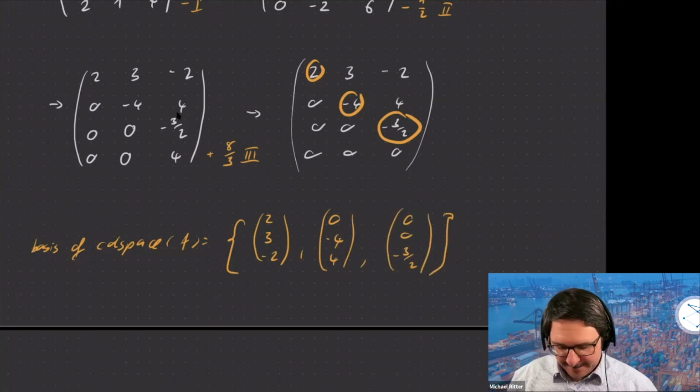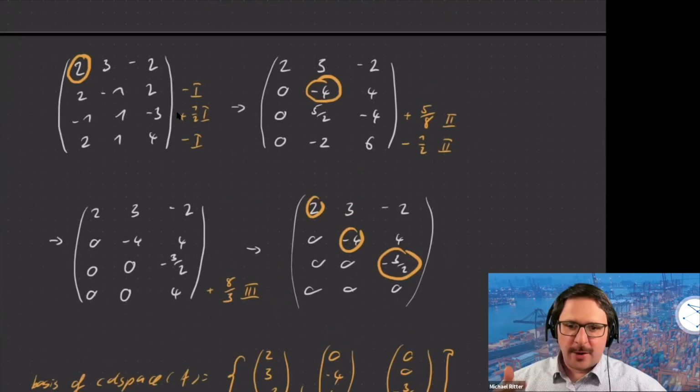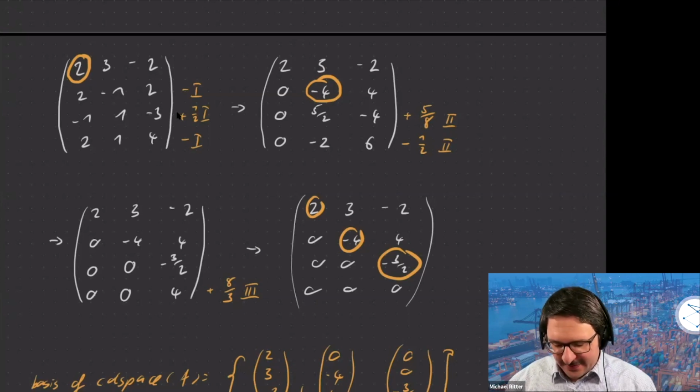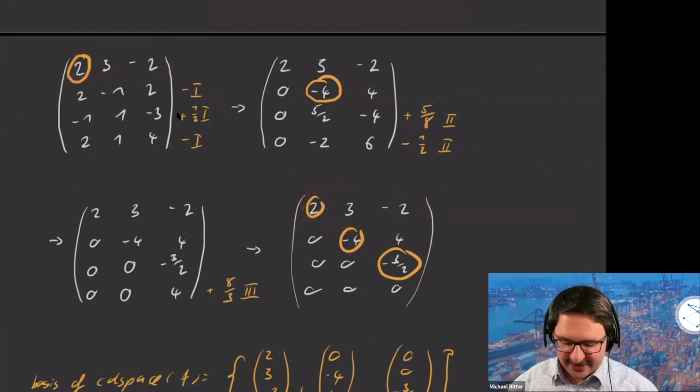And one more thing, you will notice we didn't swap any rows here in that process. And that means in the result, the first row is of course equal to the first row. We didn't do anything with that.